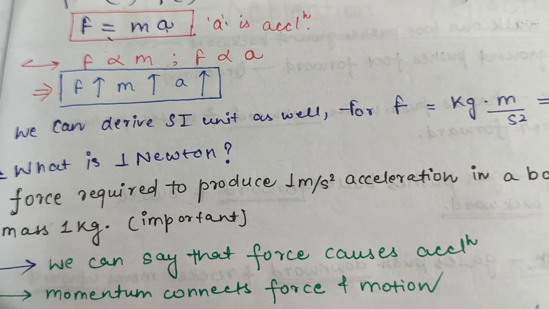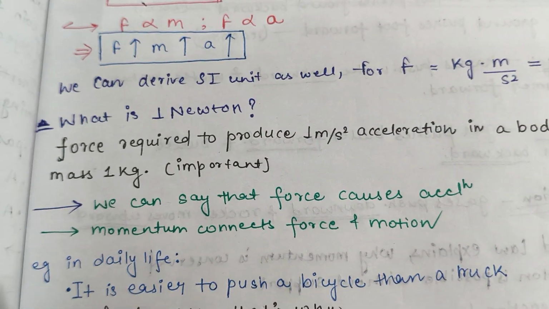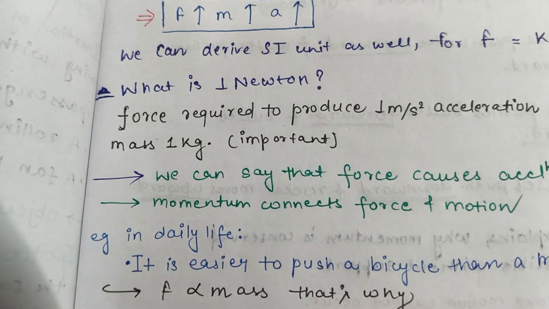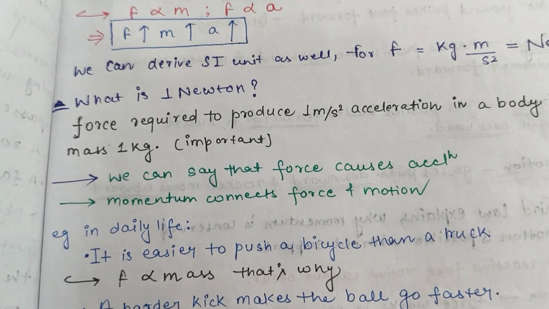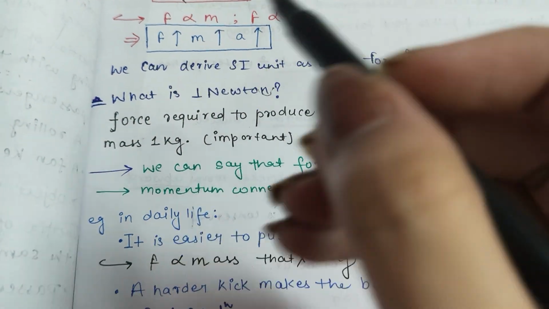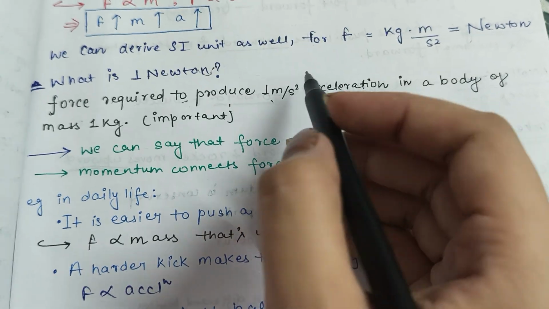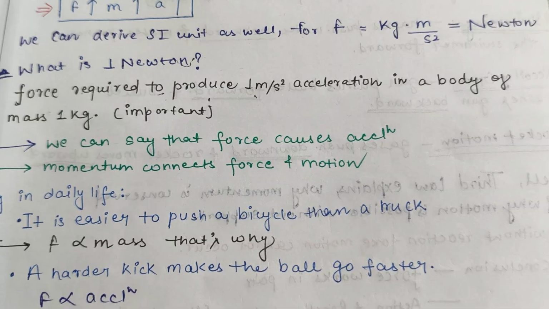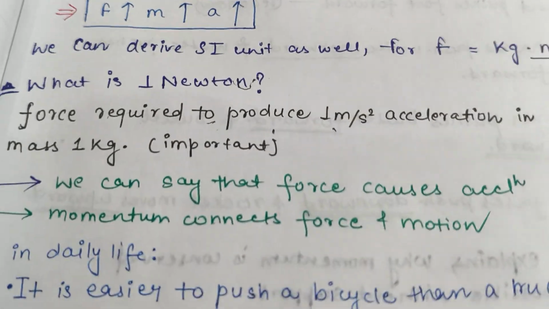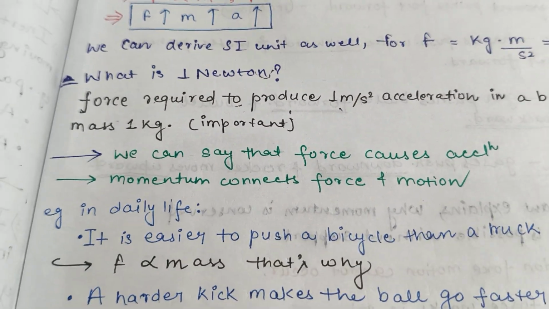So we can also derive the SI unit. That's how we have derived it. So what is 1 Newton? It's actually an important question. The force required to produce 1 meter per second square acceleration in a body of mass 1 kg is 1 Newton.